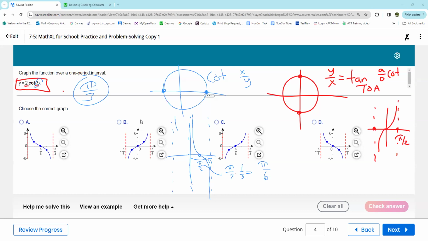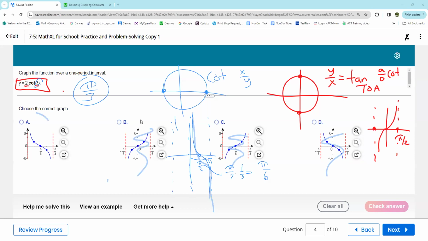And then again, the cotangent has the asymptote there on the y-axis. It's not that one. That doesn't have my asymptote on the y-axis. This is a tangent graph, going up to the right.